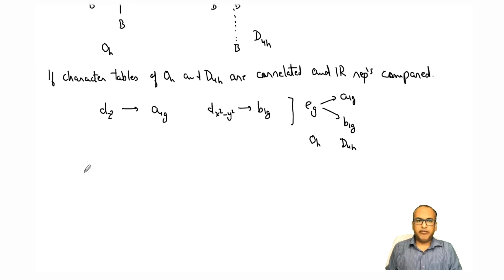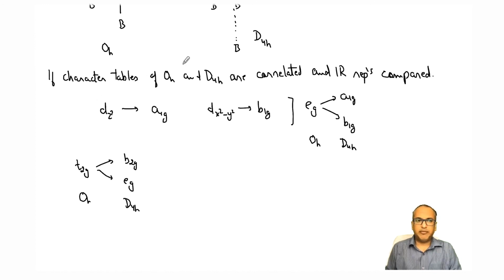Similarly, if we look at the t2g set of orbitals, t2g now correlates to B2g and Eg. That means two of the orbitals are still degenerate, one has lost degeneracy, but all three are not degenerate from Oh to D4h.